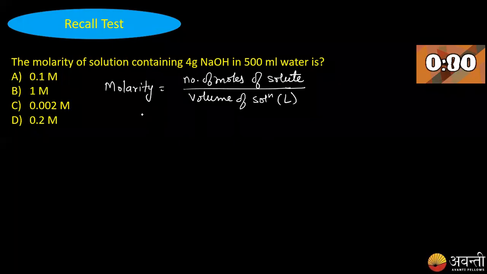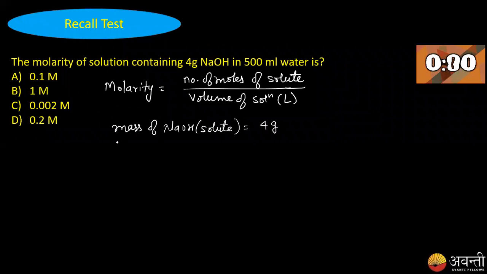Now, what information do we have? We have the mass of NaOH, that is the solute, equal to 4 gram, and we have the volume of water, which is the solvent, that is 500 ml.